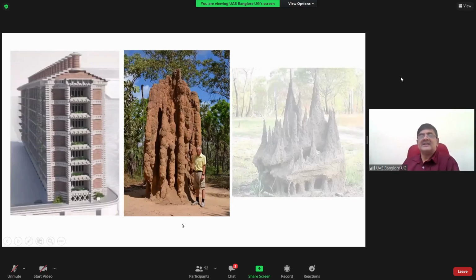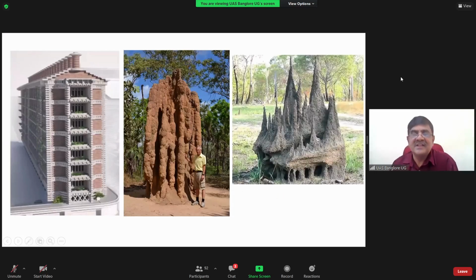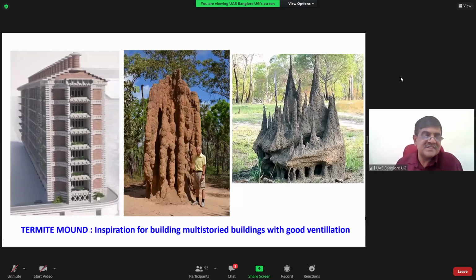Similarly, this is also one of the mounds built by termites in some of the African countries. The termite mounds built by insects were the inspiration for building multi-storied buildings by human beings with a good ventilation and air conditioning system.